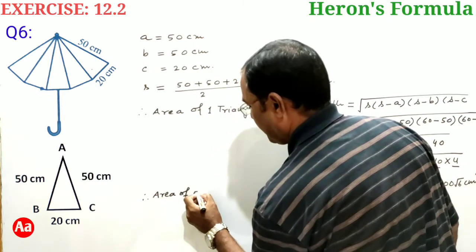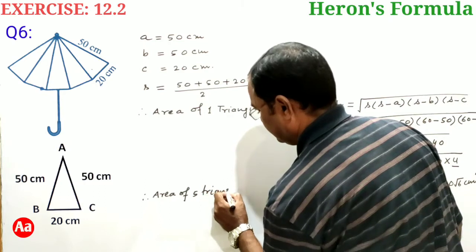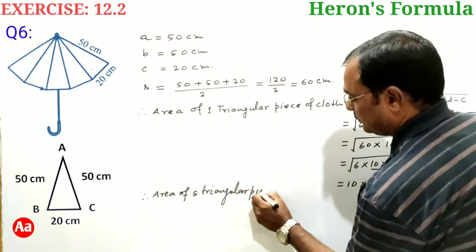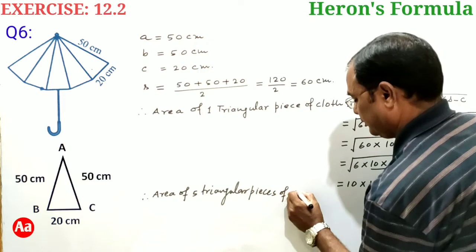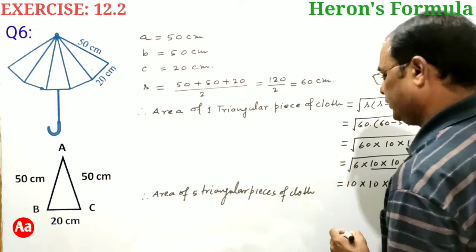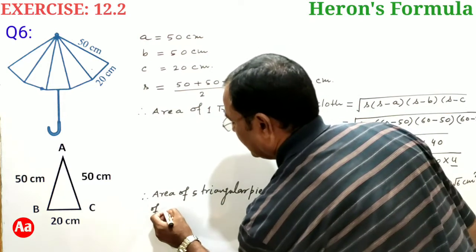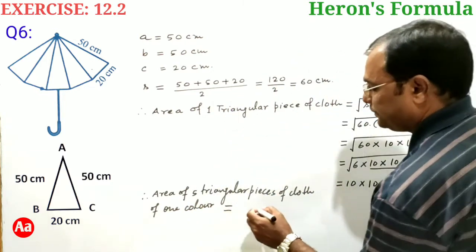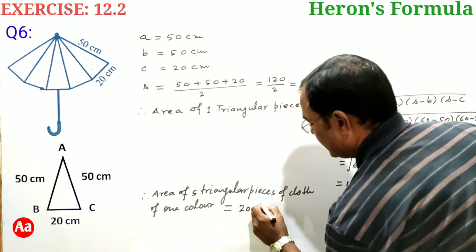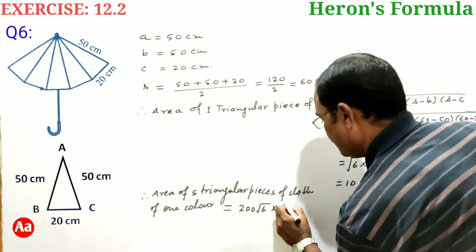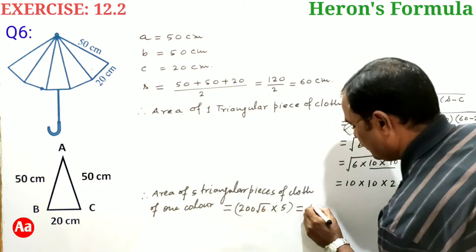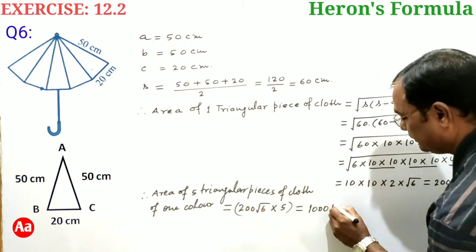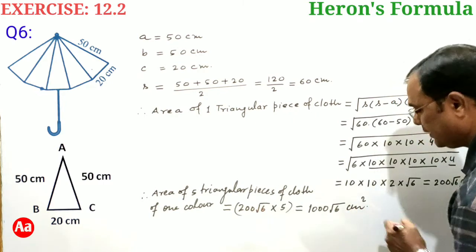So the area of 5 triangular pieces of cloth of one color is equal to 200 root 6 into 5, which is equal to 1000 root 6 centimeter square.